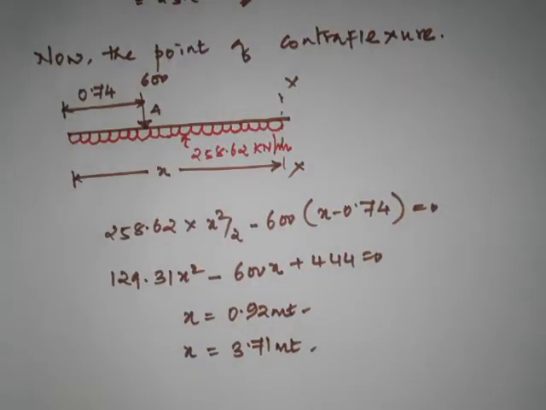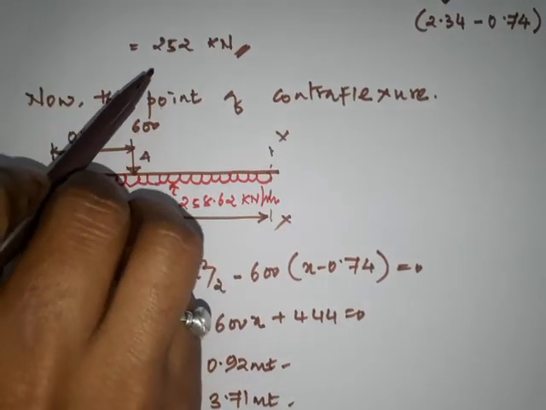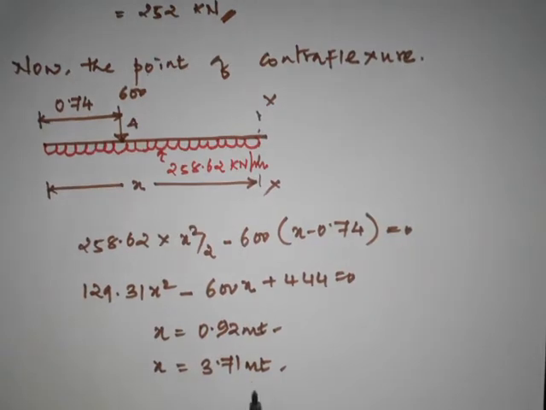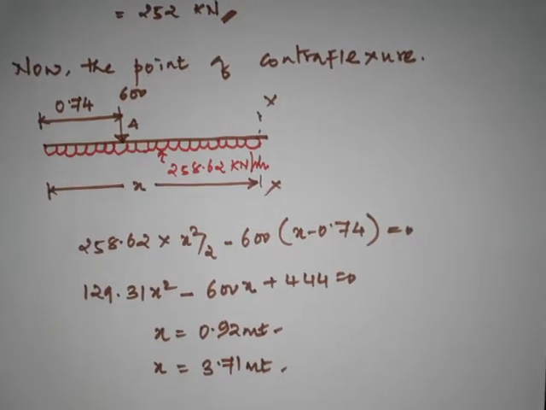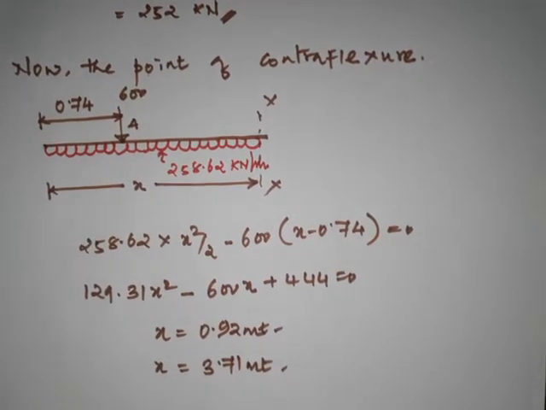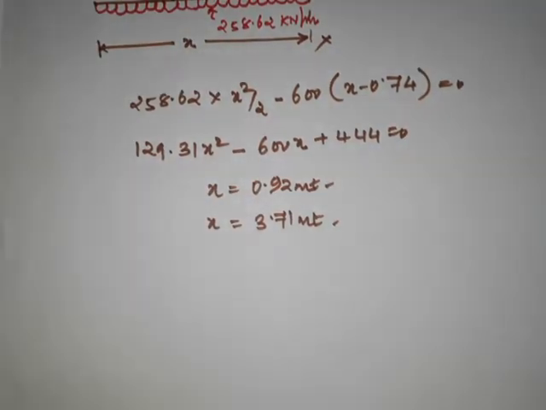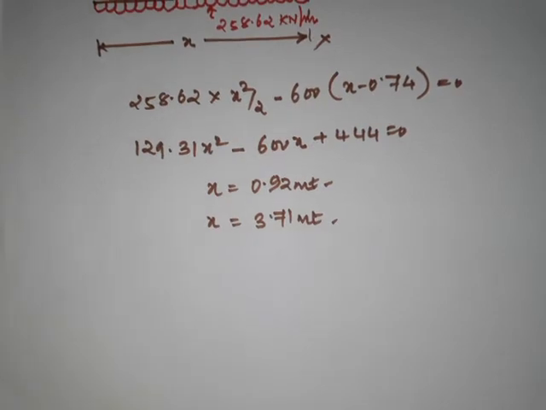So we got the maximum moment at midspan and also the points of counterflexure. Now we'll move on to the calculation of depth of footing.